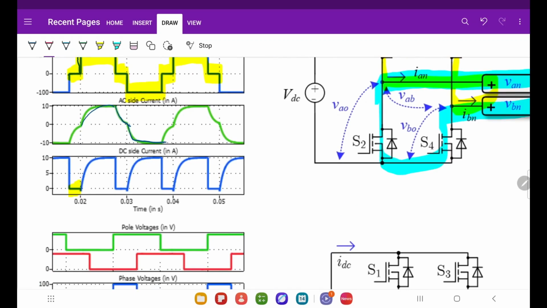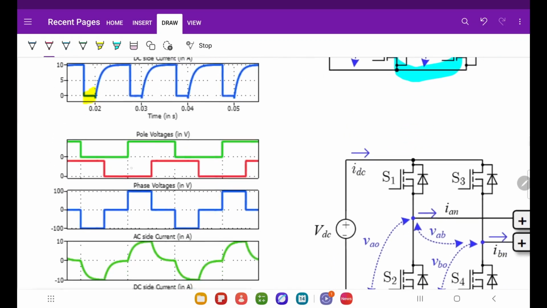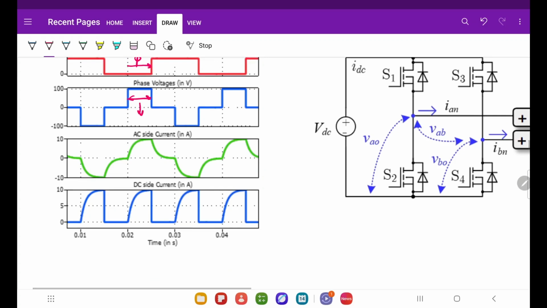Okay. So if we increase the phase shift further, you see that this duration has reduced now, right? As this duration is reduced, you can see the impact of the reduction on the waveform, and the DC side current is increasing like this.